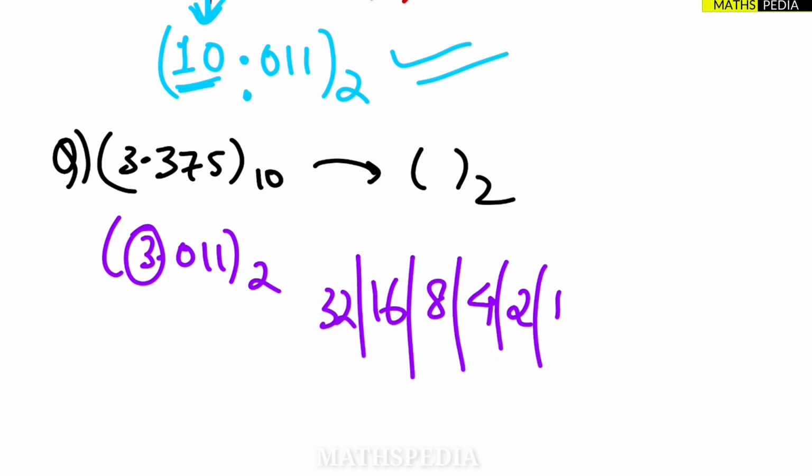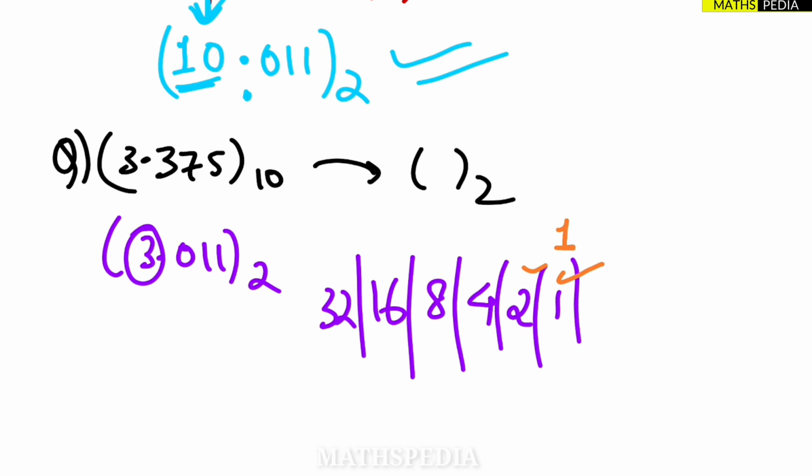I want 3. In these numbers I have written, there is no 3 value directly given. But you can add 2 numbers and get 3 value. Yes, you can get 3 value. Which 2 numbers I should add? 1 and 2 if I add, I'll get what?